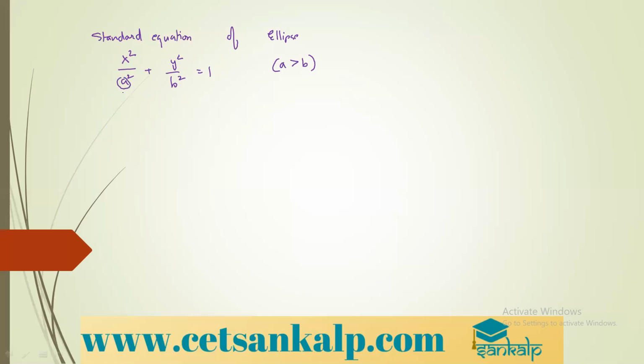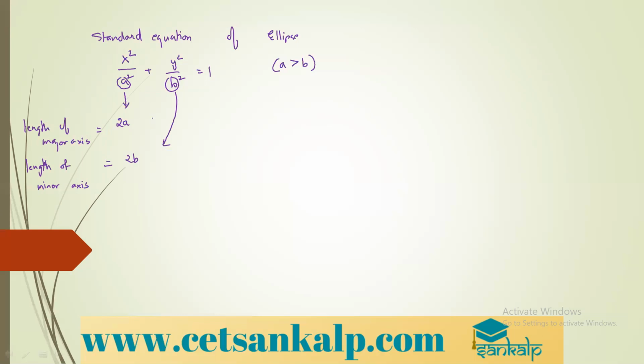This a if you take and multiply by 2, that will be the length of major axis of the ellipse. And if you take b and multiply by 2, that would be the length of minor axis of the ellipse.